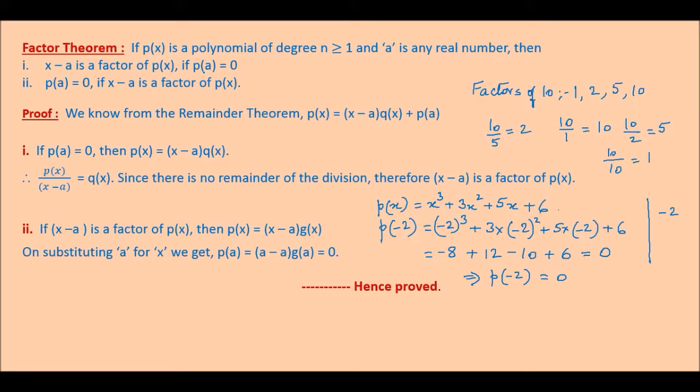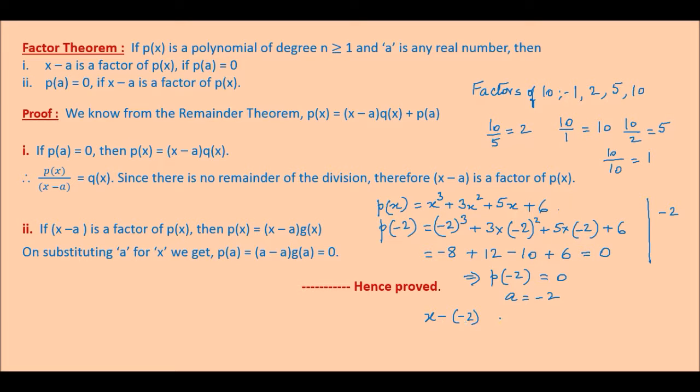So if we relate these two, p of a is equal to 0 in this case, and we are having p of minus 2 equal to 0 over here. Therefore, we can see that a is equal to minus 2 for this polynomial. Now we have to get the factor of this polynomial, linear factor, which will be equal to x minus a. So what will be the factor? x minus of minus 2. a is minus 2.